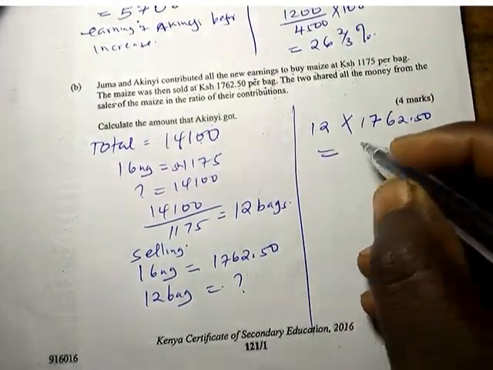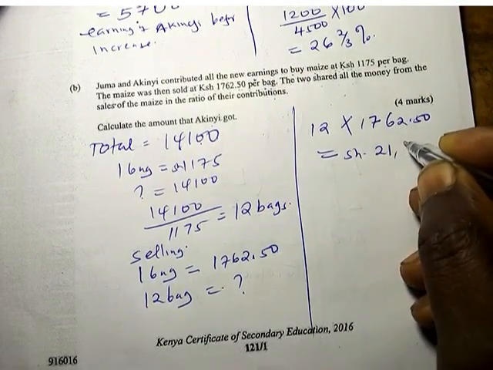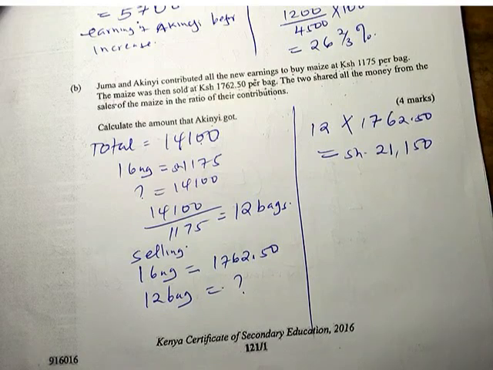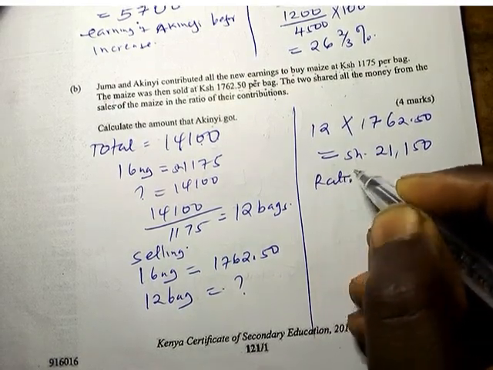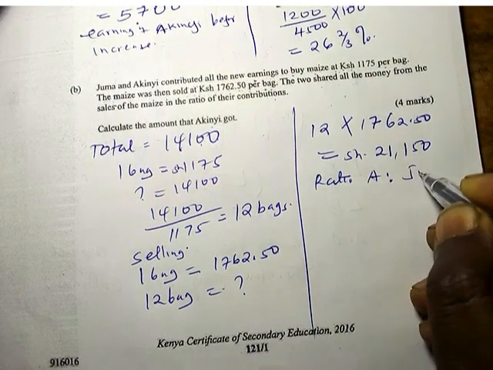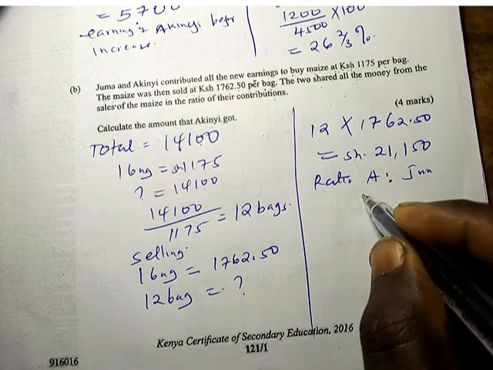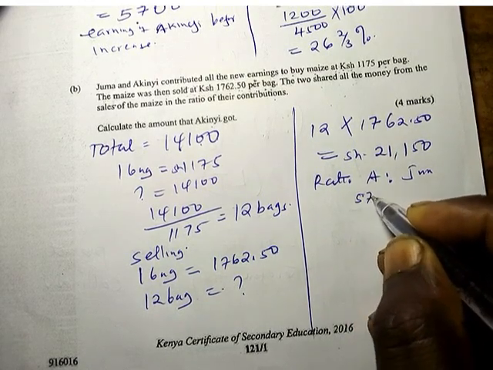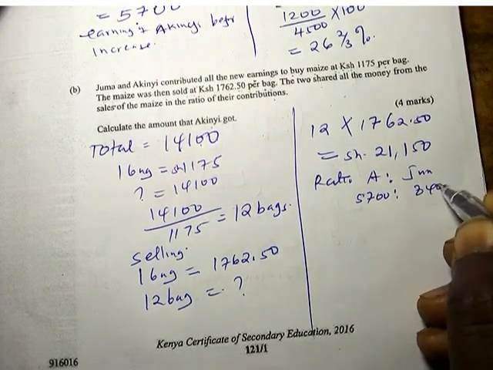And this one will give us shillings 21,150. So this money was shared in the ratio of Akinyi to Juma, which was now 57 to 84.